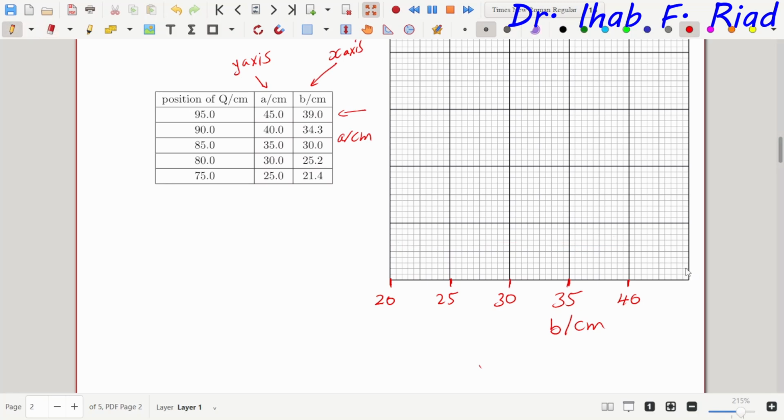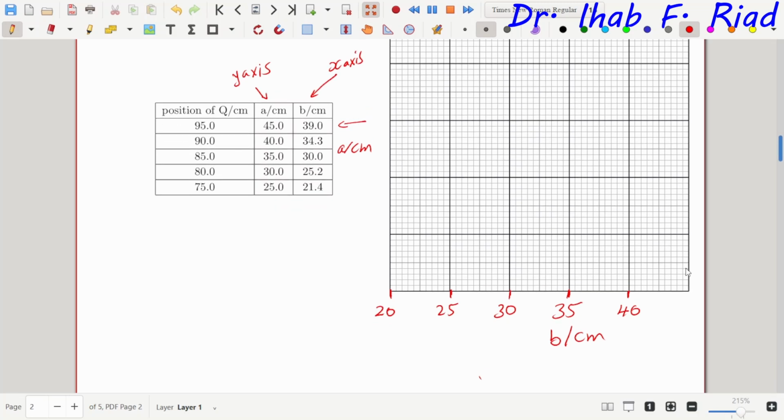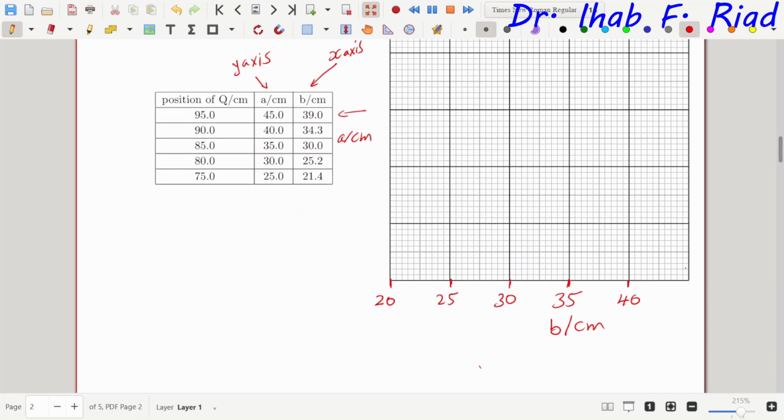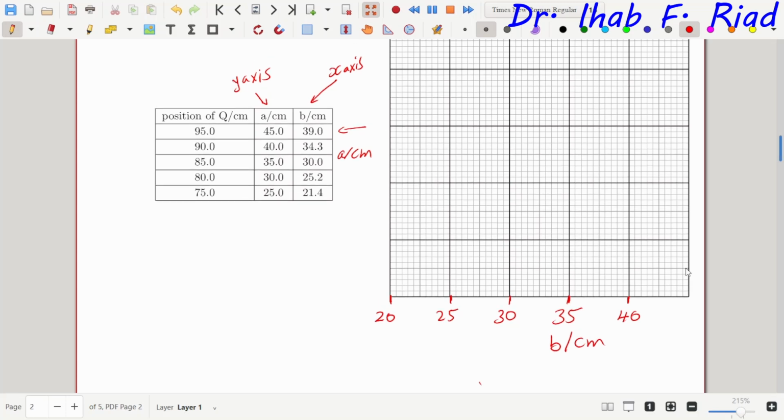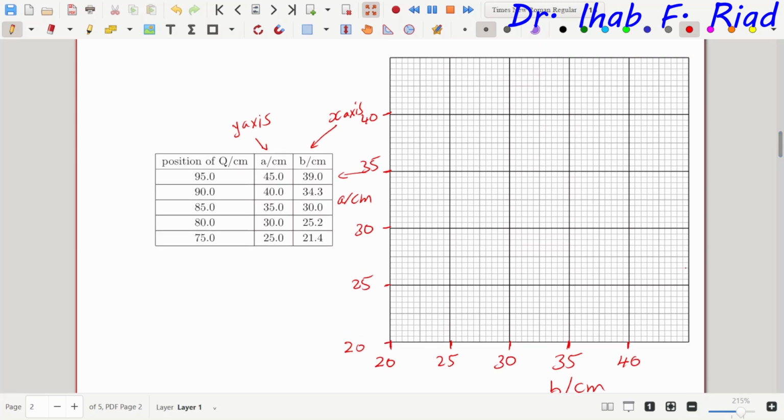Okay, what about the y-axis? Let us see, we have 25, 30, 35, 40, 45. Okay, so we can start from 20, going to be 25, 30, 35, 40, and 45.